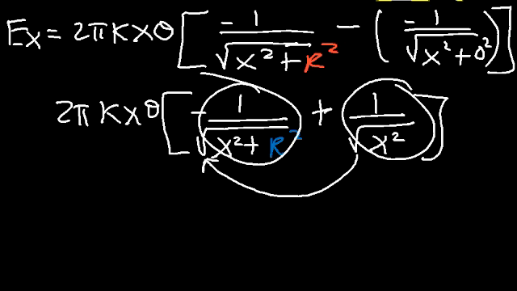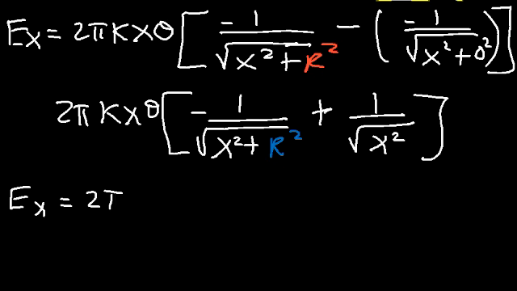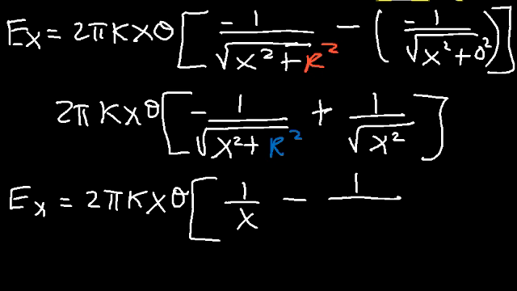So I'm going to switch these two. So the electric field in the x direction is therefore equal to 2 pi k times x times sigma. And let's put this term first. So that becomes 1 over x minus 1 over the square root of x squared plus r squared.